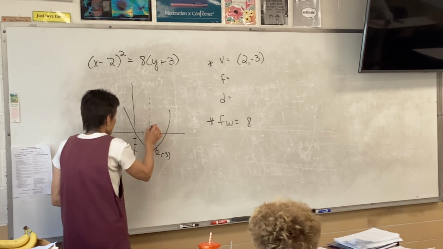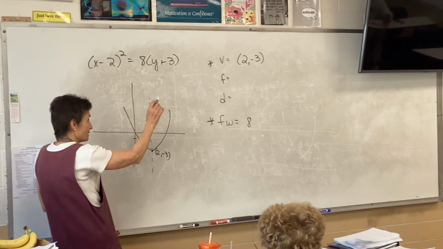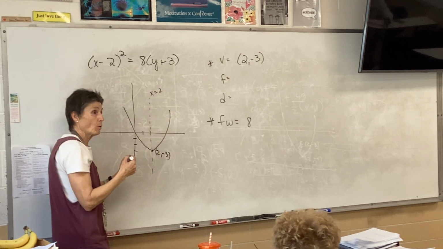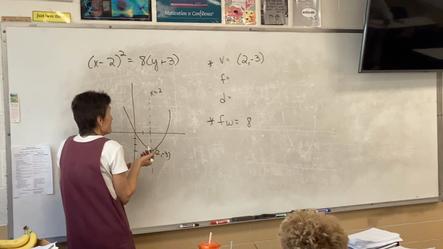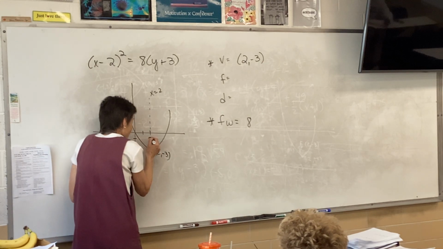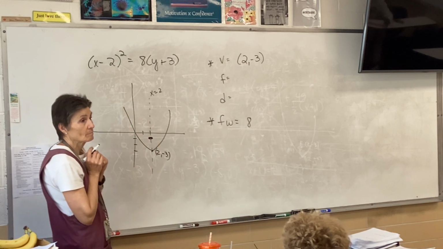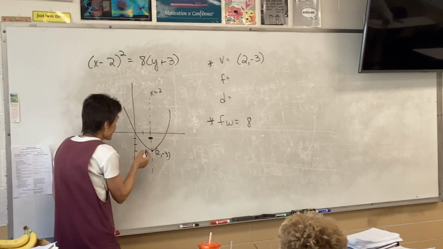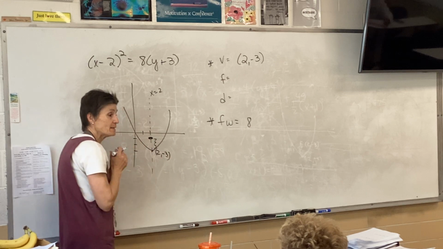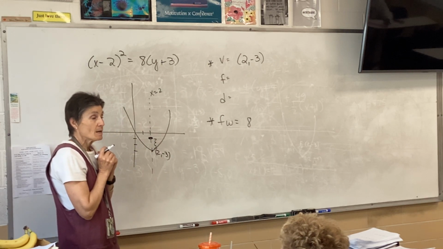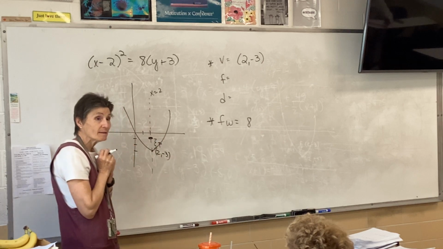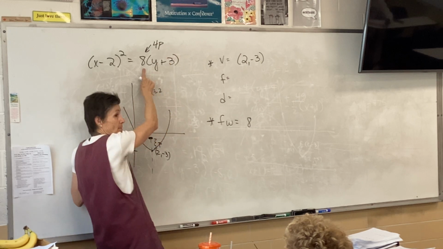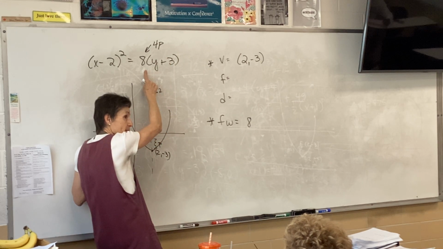Now, this is my axis of symmetry. They didn't ask me for that in the directions, but that's the line where x is 2. And it's kind of important for me to put it in there because isn't my focus somewhere on there? And I will tell you where the focus is as soon as I figure out how far up I need to go. That distance is P. In every equation of a parabola, that number is 4P.